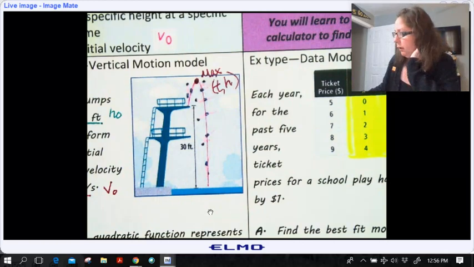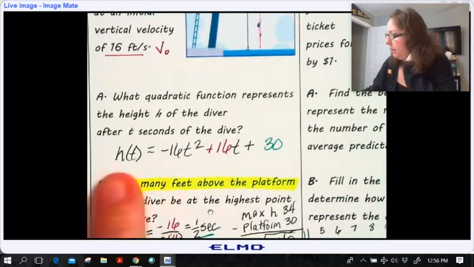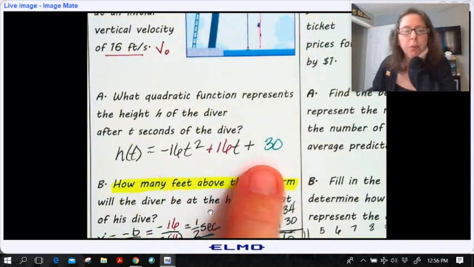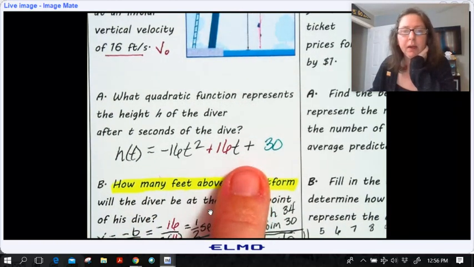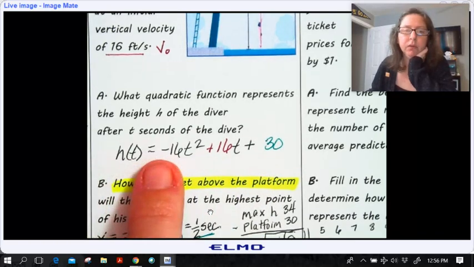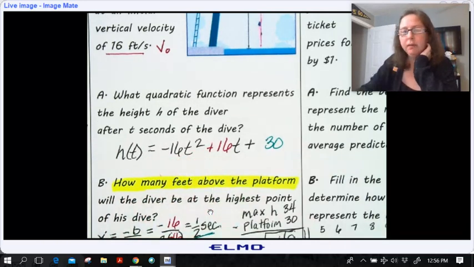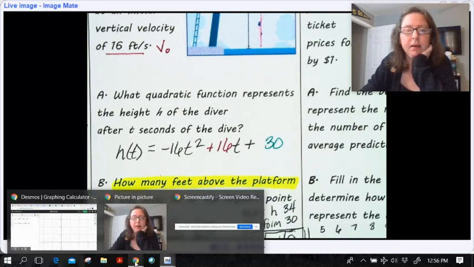I am going to go into our Desmos calculator and type this exact function. But when I type this into Desmos, I can't use h of t or t. I have to use y equals negative 16x squared. So I need to translate this for Desmos by using my x and y values instead.